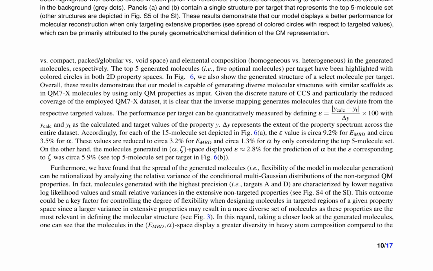The spread of generated molecules, or the flexibility of the model in molecular generation, can be explained by analyzing the relative variance of the conditional multi-Gaussian distributions of the non-targeted QM properties.